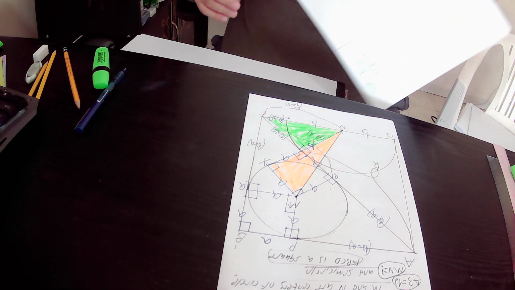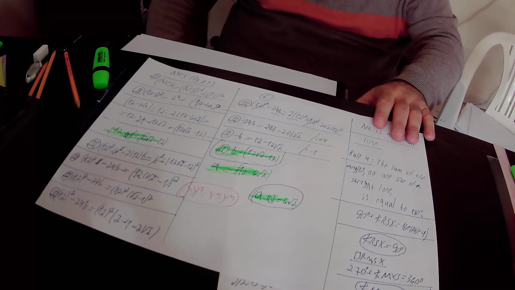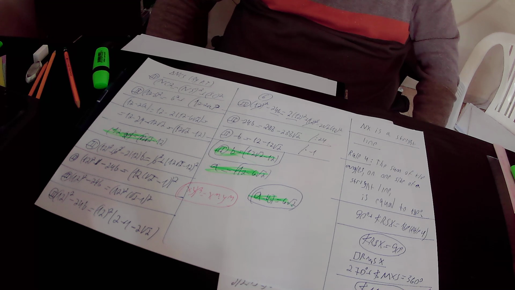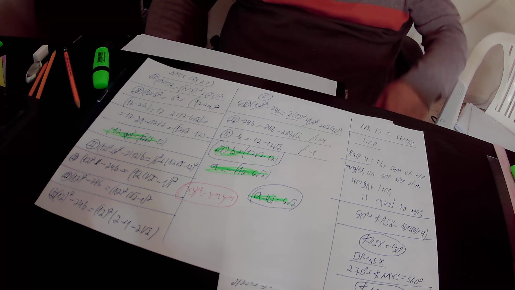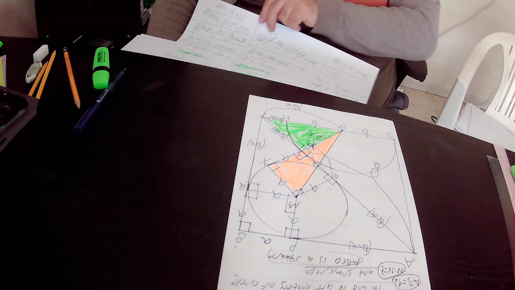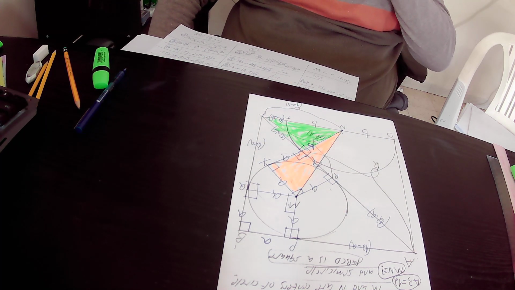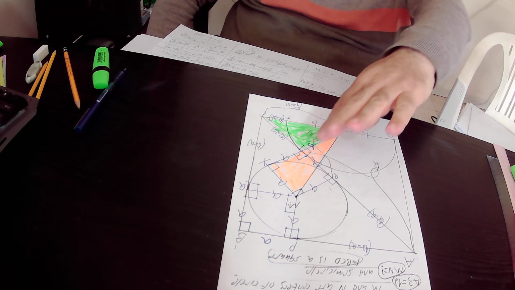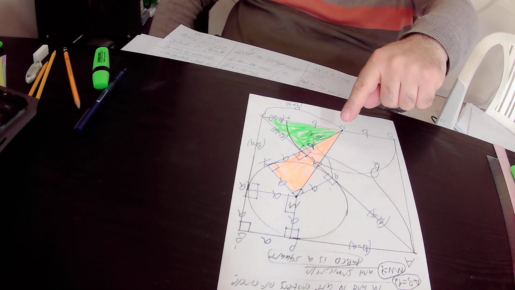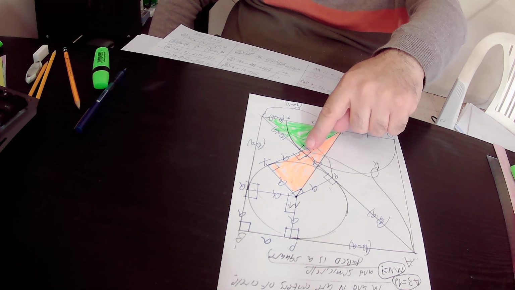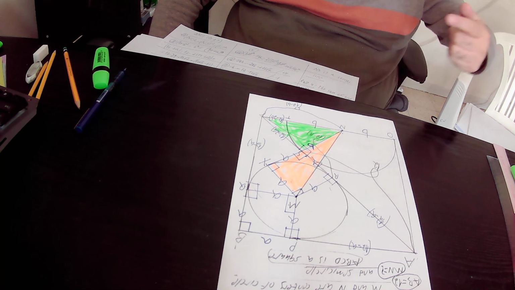We know that line segment NX is a straight line, and we have rule number 4 that states that the sum of the angles on one side of a straight line is equal to 180 degrees. So if we focus on the upper side of the straight line NX at point S, then the sum of the angles here must be equal to 180 degrees.